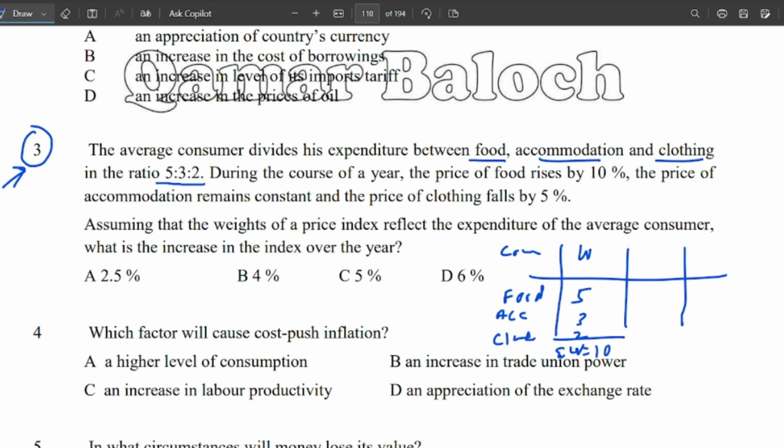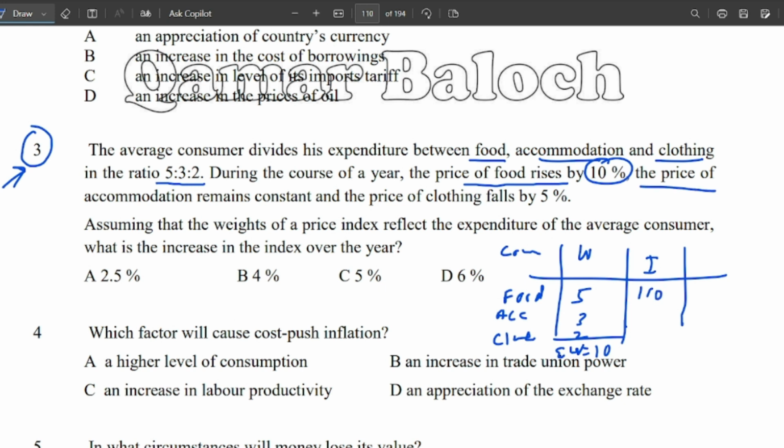And now we need the index, and we know that the basic price index is always taken as 100, and the rise in price is added into 100. The examiner is saying that the price of food rises by 10%, so its index will move to 110.